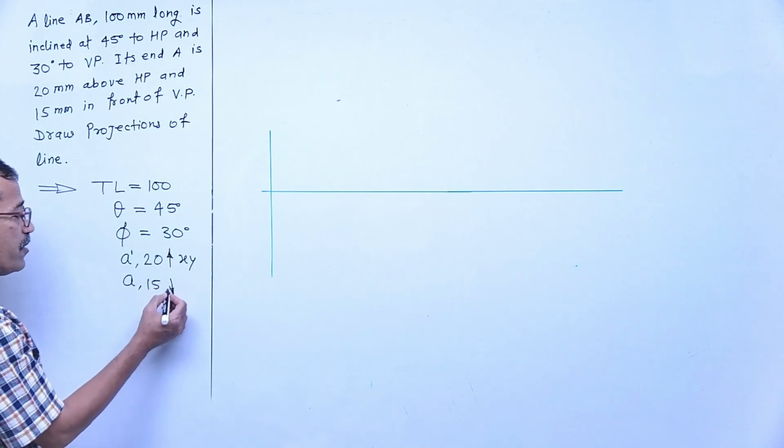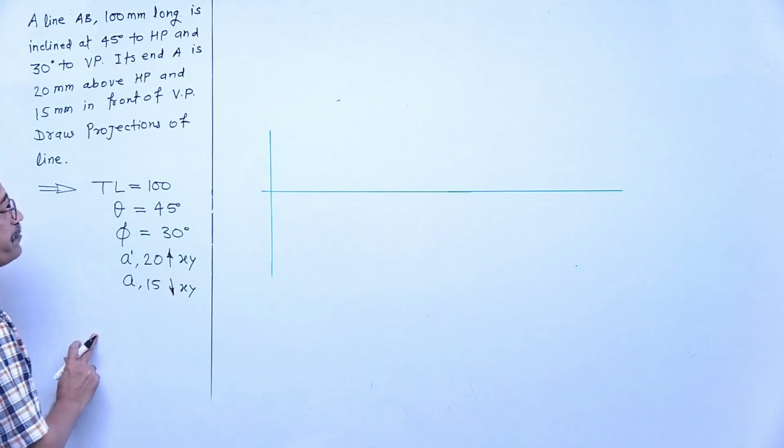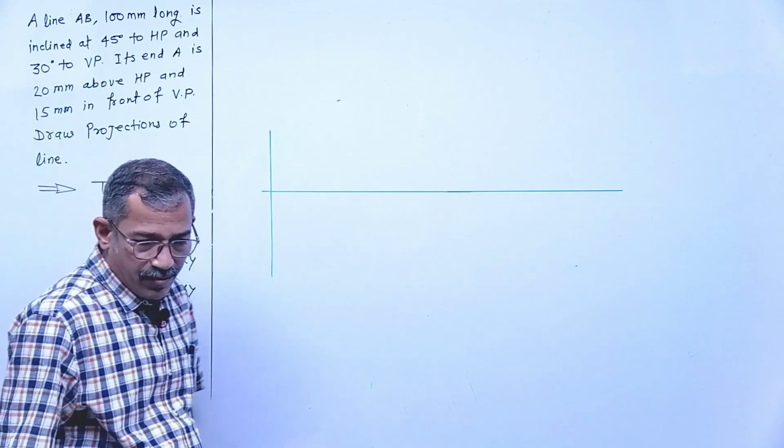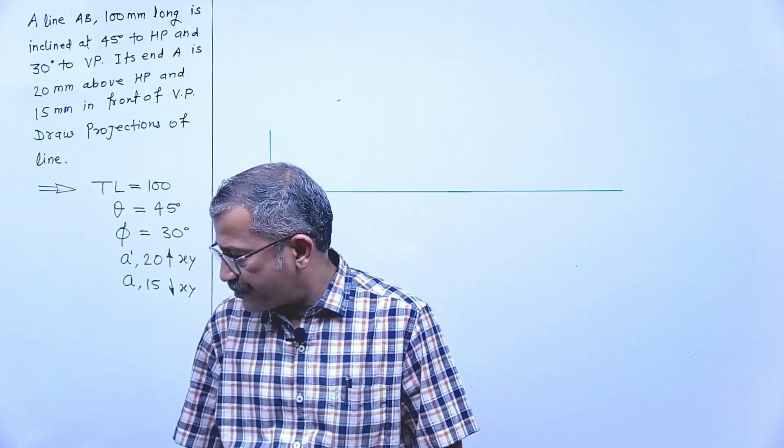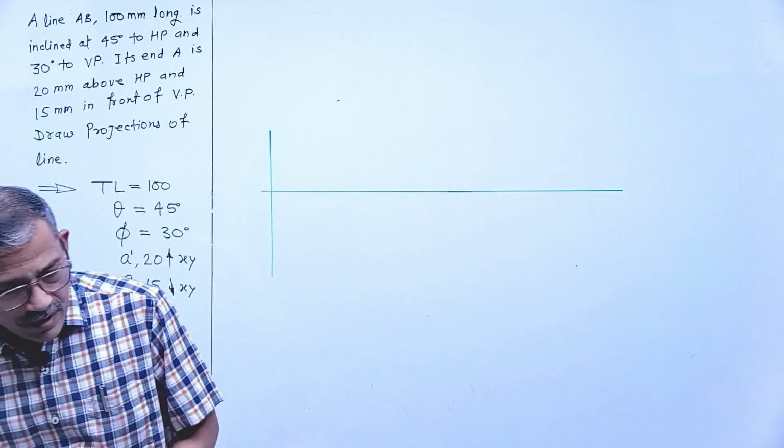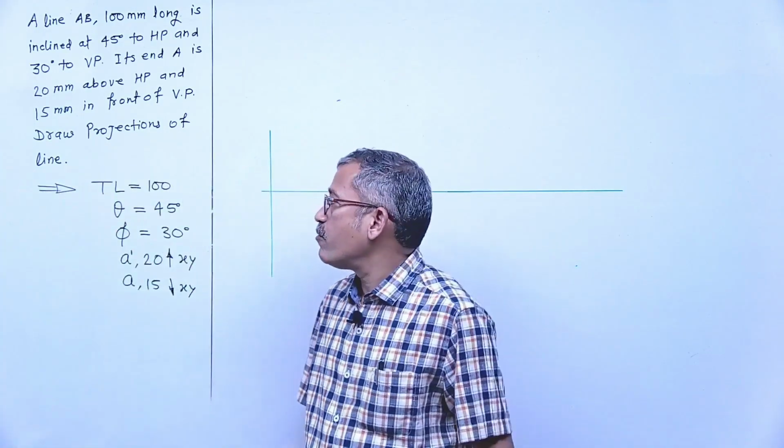The top view is 15 mm below XY. Now when you start solving any problem, first we draw the XY line and then represent the position of one end.